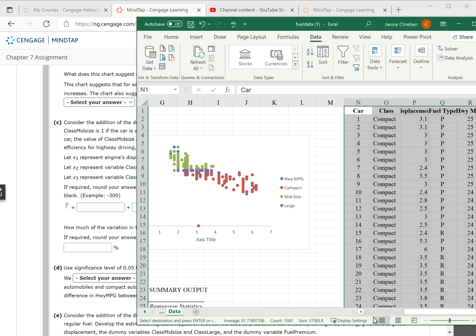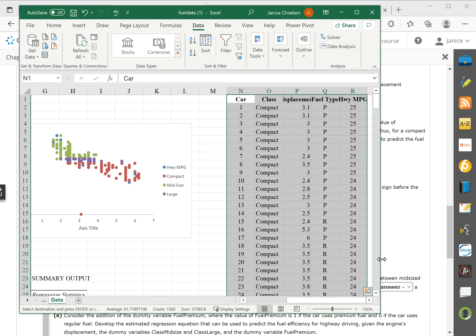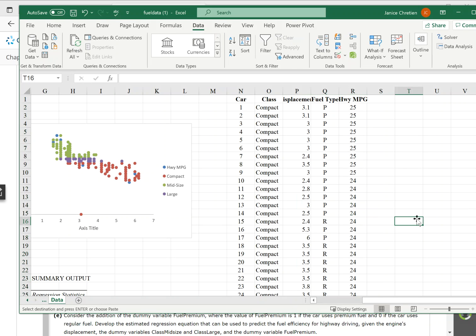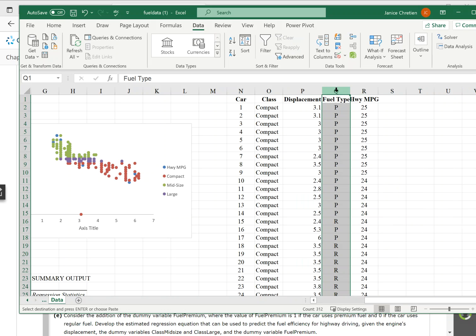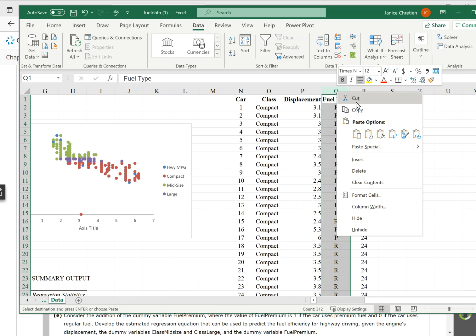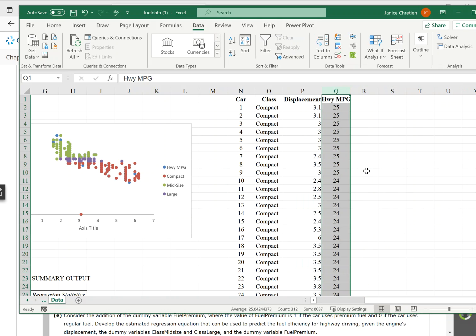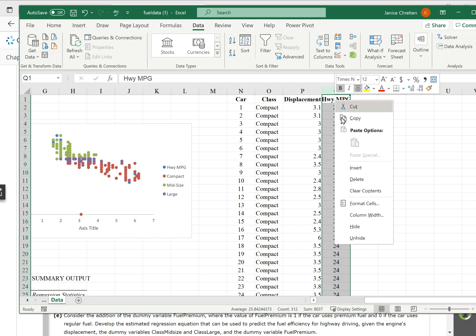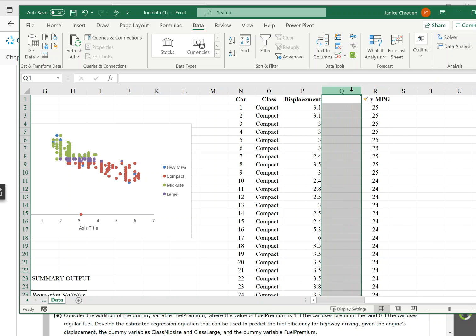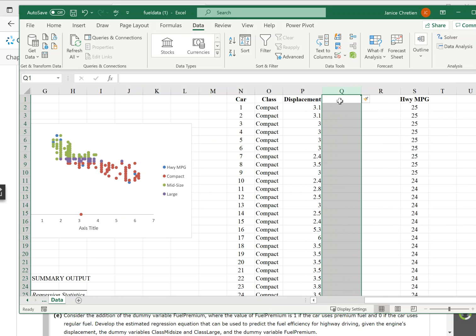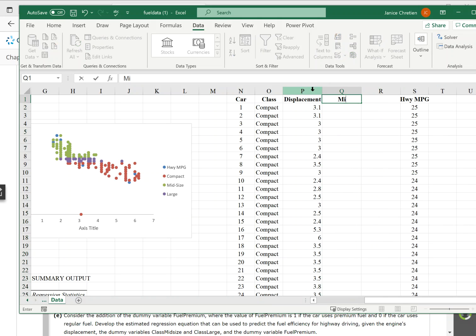So to make this cleaner to see, fuel type is not going to matter here, so I'm going to delete the column, but I need to put in 2 columns because I need midsize and large.